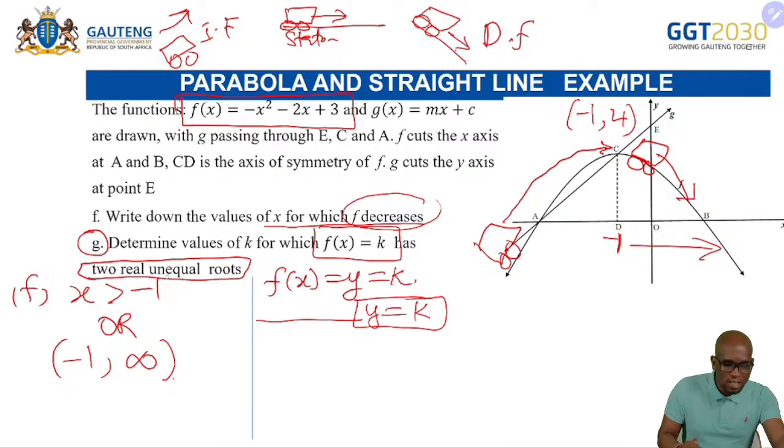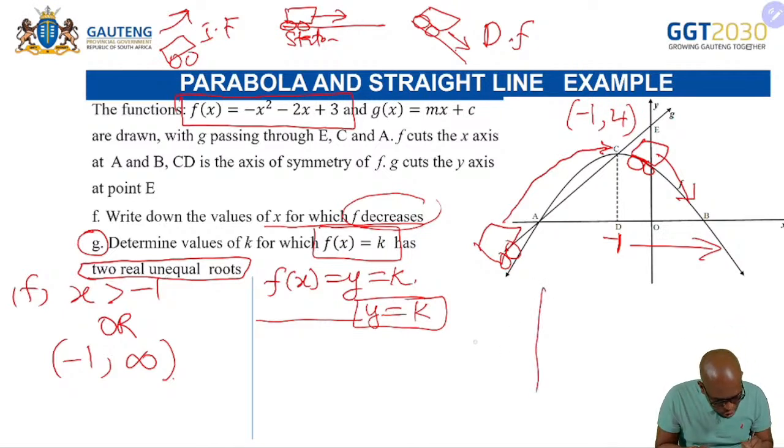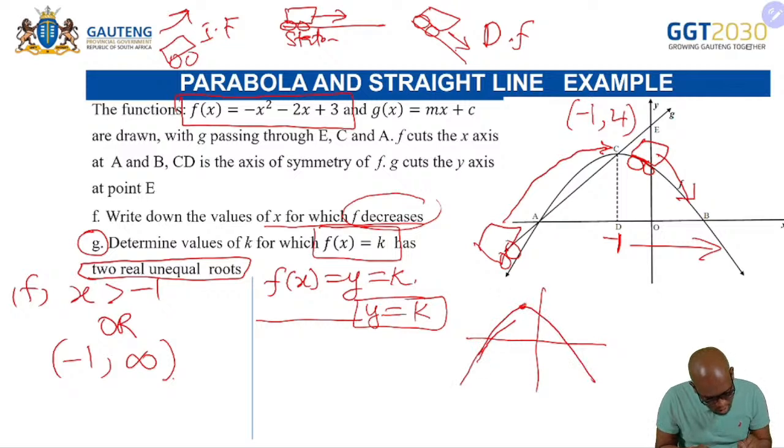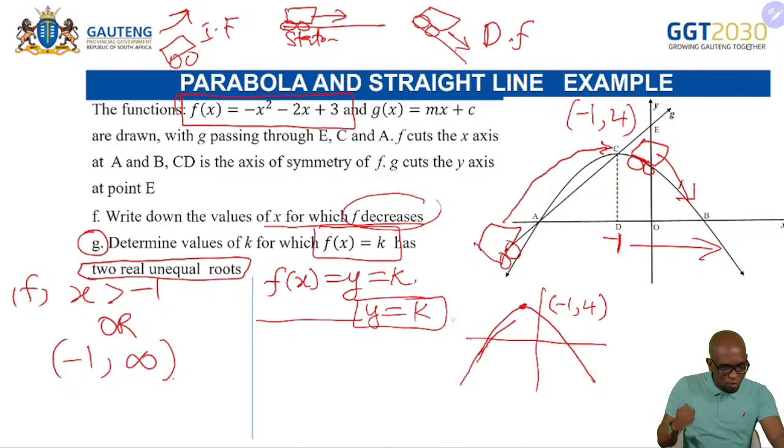It means that our graph should have two x-intercepts. Now, I'm going to redraw my quadratic here. This is my quadratic, and this is the turning point -1, 4, and these are the x-intercepts. So we are interested in the values of y where this horizontal line touches 2 points.